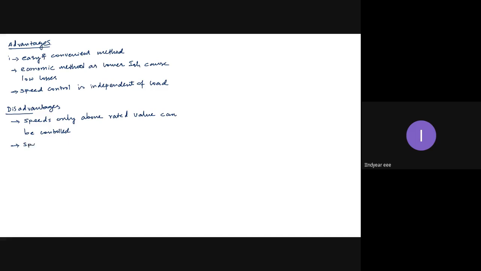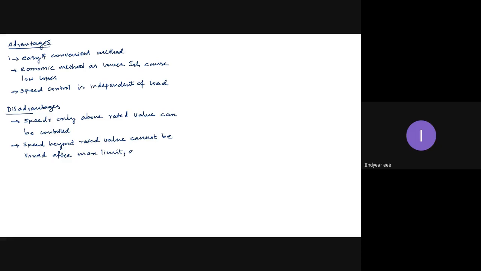Speed beyond the rated value cannot be increased up to the maximum limit, cannot be varied after the maximum limit, because with this, field weakening and commutation problems occur.